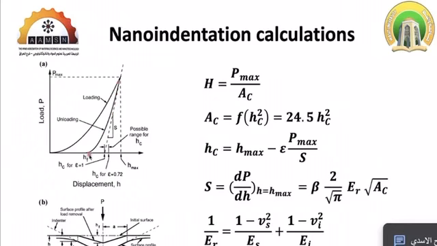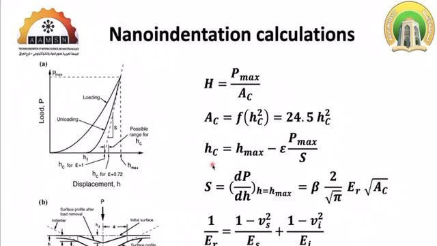The slope represents S, the contact stiffness, and by putting it in this equation, we can get HC.